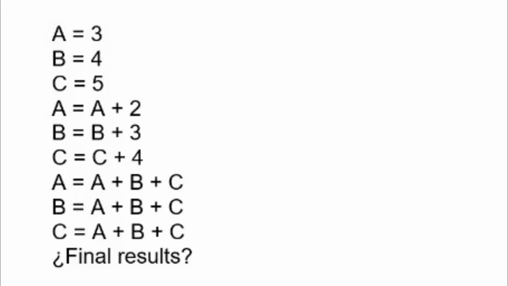In this exercise, the first sentence is ordering store number 3 in variable A. The next sentence is ordering store the number 4 in variable B. The next is ordering store number 5 in variable C. Okay?